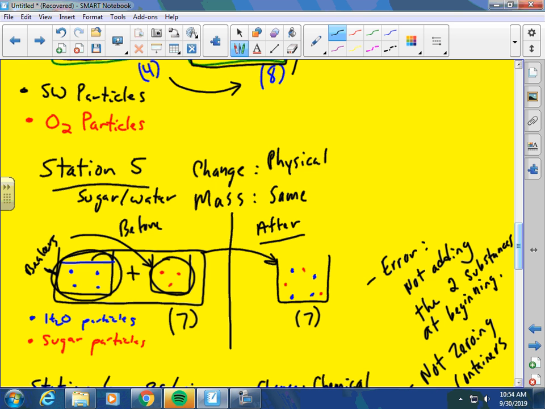And then we went to station 6 where we combined baking soda and vinegar. What kind of change did we have there? That's a chemical change. How do we know? No change in the size. Was there a change in the size though? What happened when we combined them? What did we see?